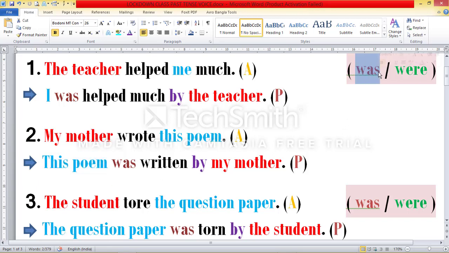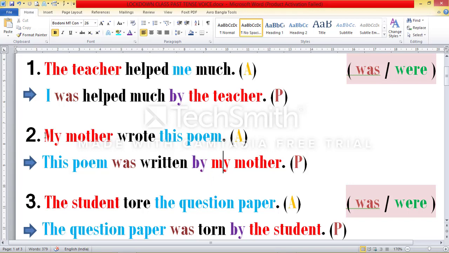Let's say was will come here after the subject. So was has come. Then we have to write the third form of the verb. Write. The third form of the verb write is written: write, wrote, written. Then generally the preposition that will come here is by after the third form of the verb.